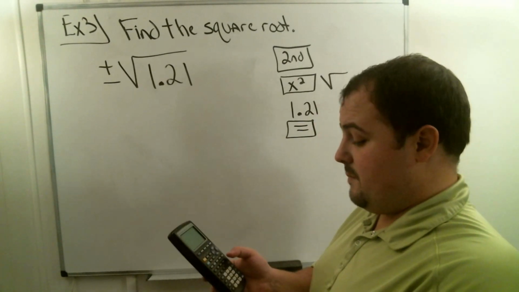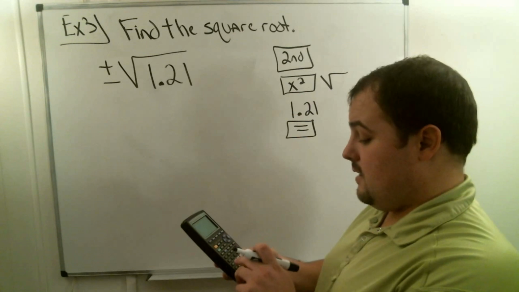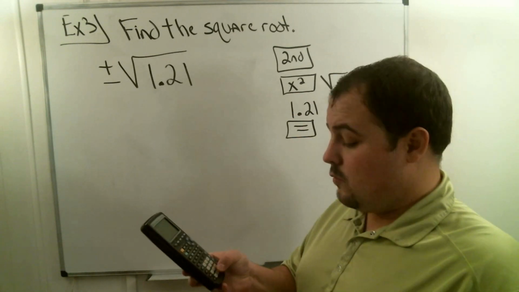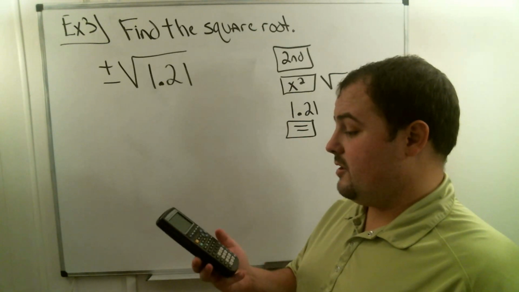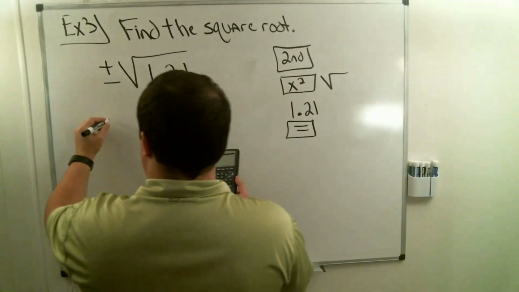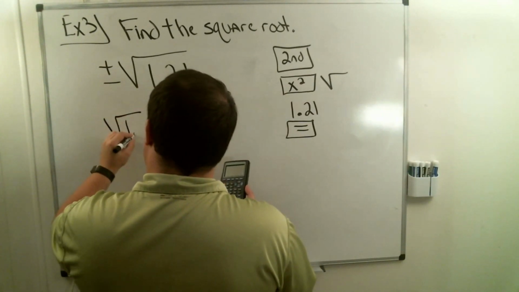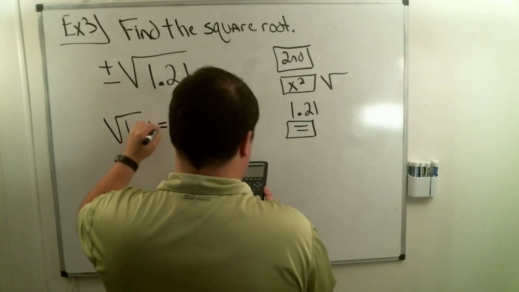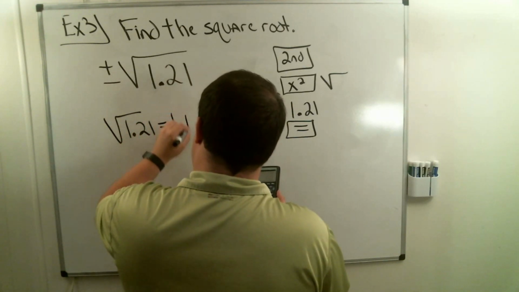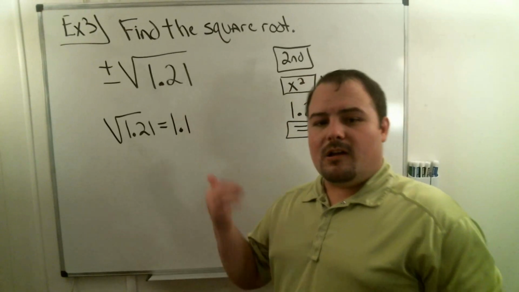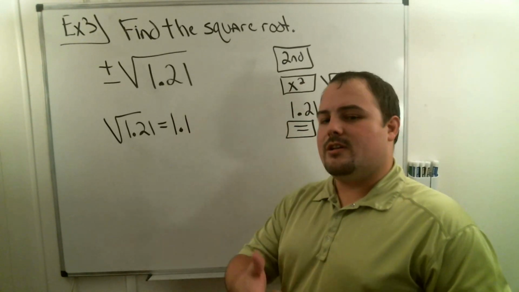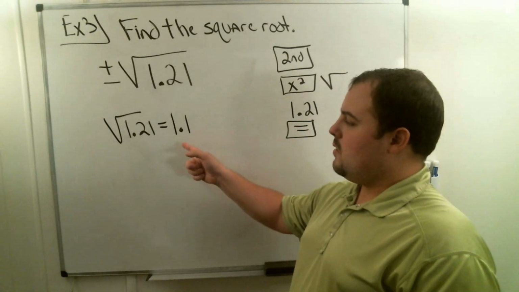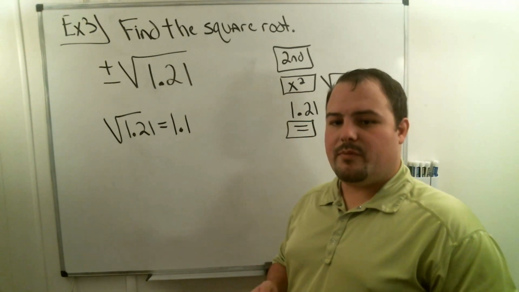I hit second, x squared, 1.21, and press equals. My calculator says that the square root of 1.21 is equal to 1.1. That's no surprise, because 11 times 11 is 121. So 1.1 times 1.1 would be 1.21.